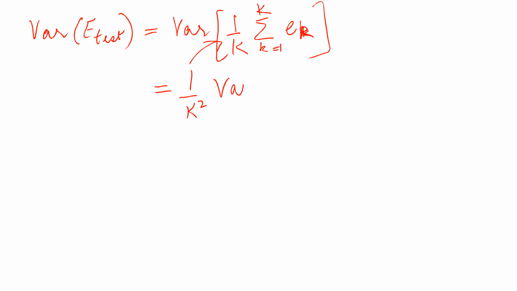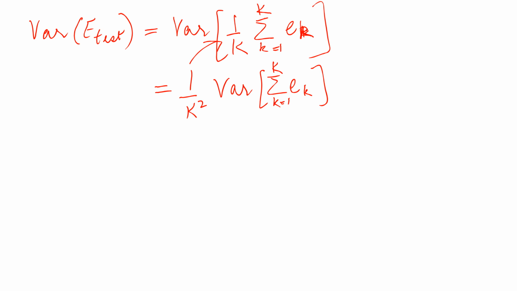So we can rearrange terms and bring this out because this is a scalar multiple. This goes out and we have the variance of the summation k is from 1 up to K of E of k. Now we know that the data points are IID, as I said when we were calculating the expectation of my test error, and so similar to that, here the E of k are all independent.